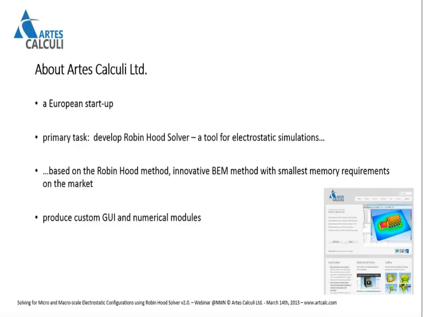The Robin Hood method is an innovative boundary element method, which has the smallest memory requirements on the market of similar software packages. We are also able to produce custom graphical user interfaces and numerical models, both for Robin Hood solver and for other software packages.